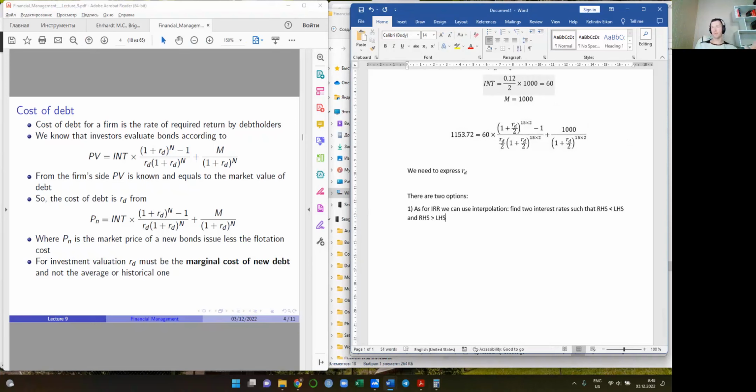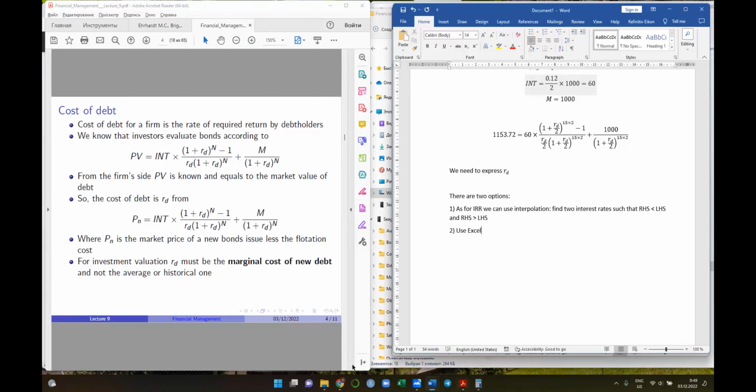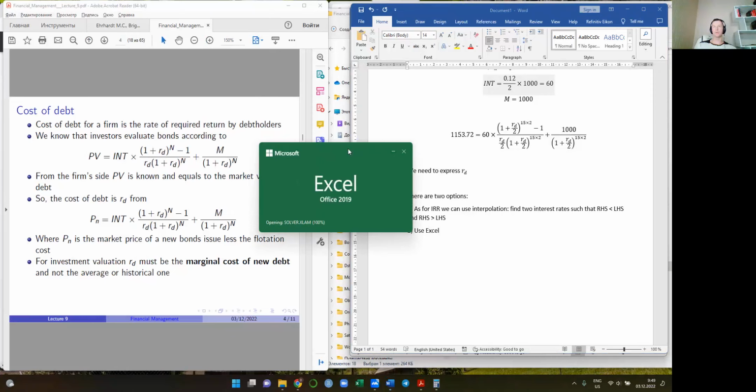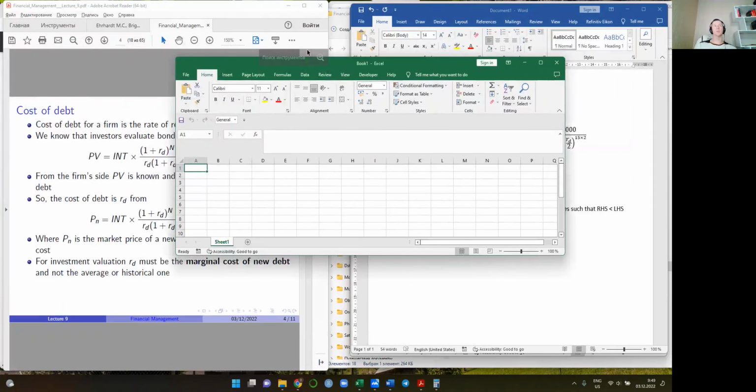And then, as we computed the internal rate of return with the help of proportion, you can use the same approach here. There is not much time for this. I guess we can use the second approach, so use Excel. So let's try, or maybe we can use both methods, depending on time.